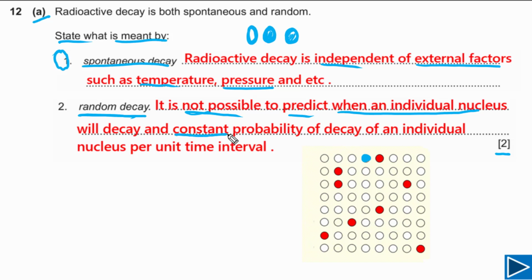And every nucleus has a constant probability of decay per unit time interval. That constant probability of decay per unit time is what we call lambda. This is called the decay constant, lambda. Lambda is the same for every nucleus. So this is how you need to write down your answer.